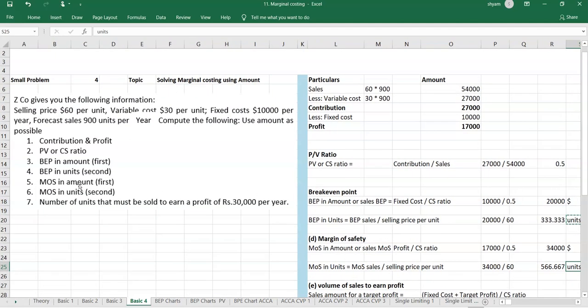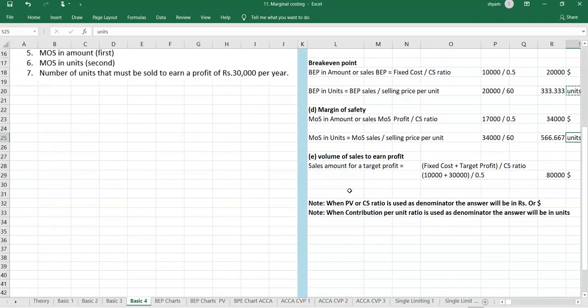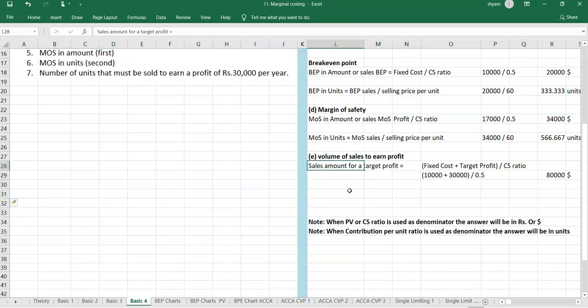The last one is the number of units that must be sold. We have already found it in amount. If you want to find it in units, we can do this: sales units for a target profit. We will use this measure.